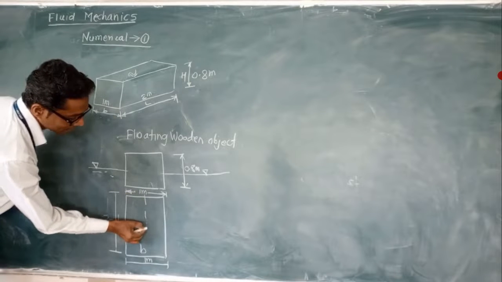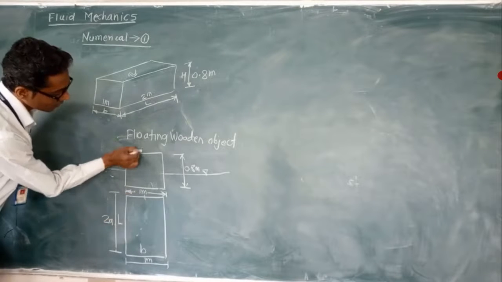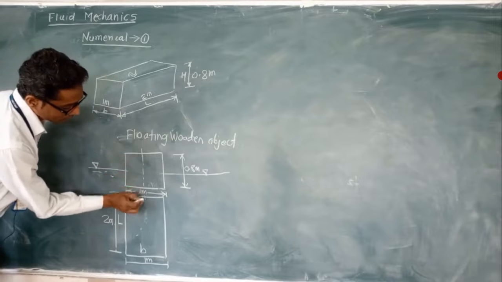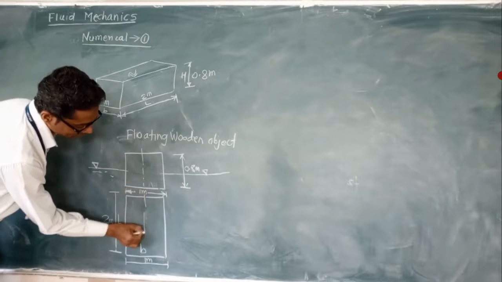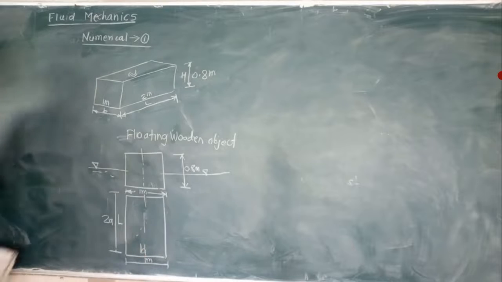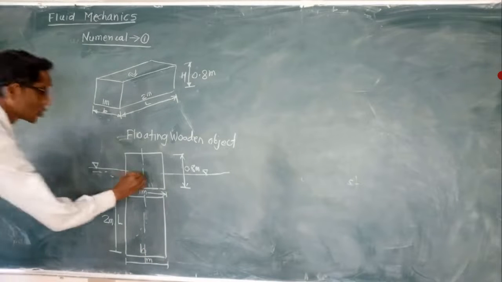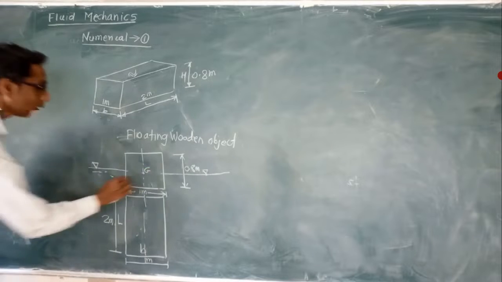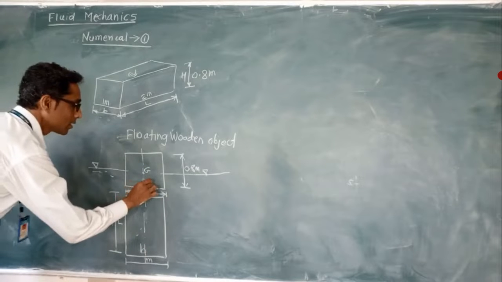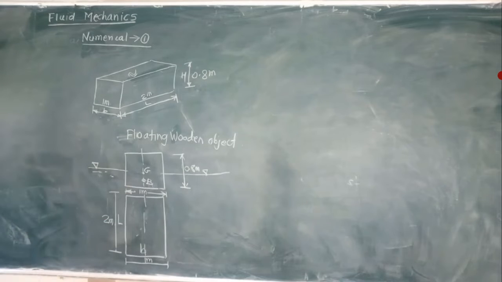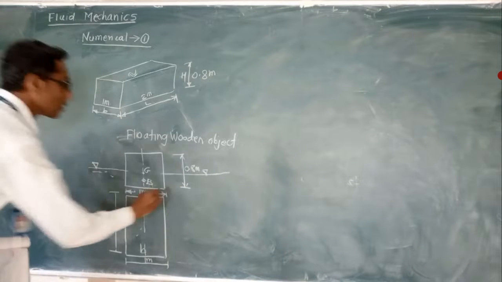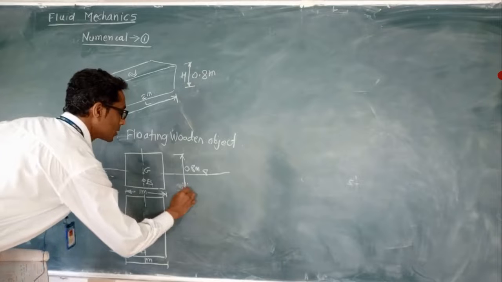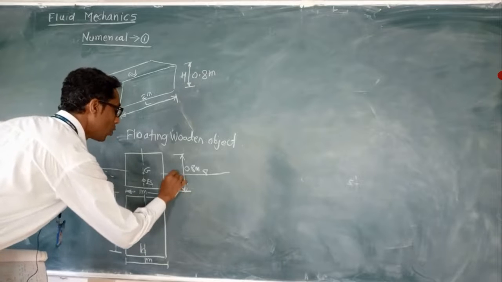Okay, so here this is the axis. On this axis you can show here G point, that is the center of gravity, and this point is the center of buoyancy. Okay, so here first of all this distance is what?